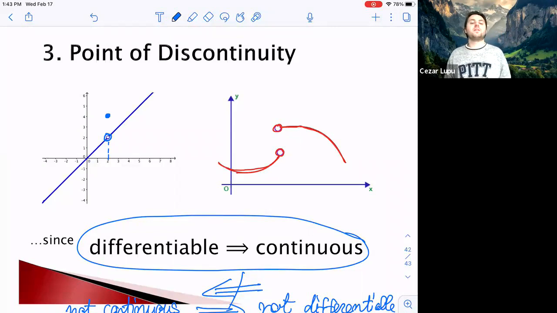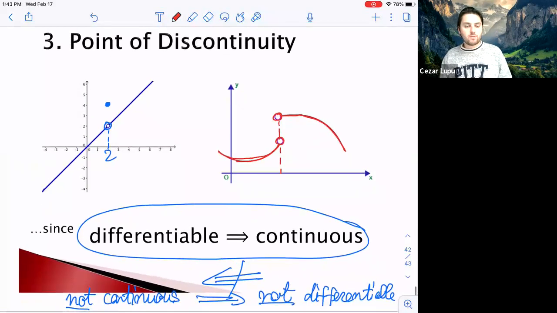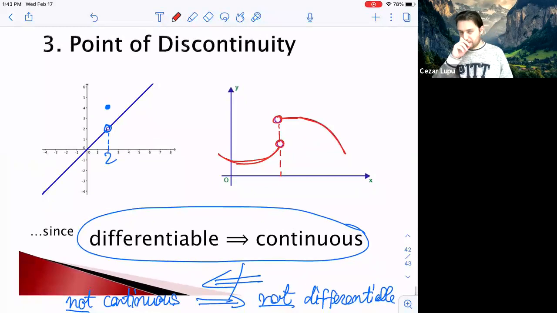So these functions are not even continuous at that particular point, right? In this case it's 2, and here whatever it is, the point here, right? So these are the three types where we will have a function which is not differentiable at a certain point.